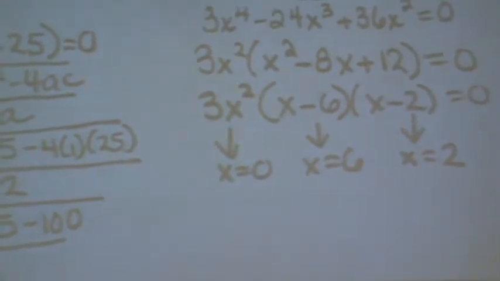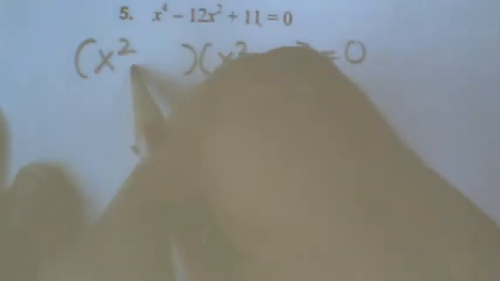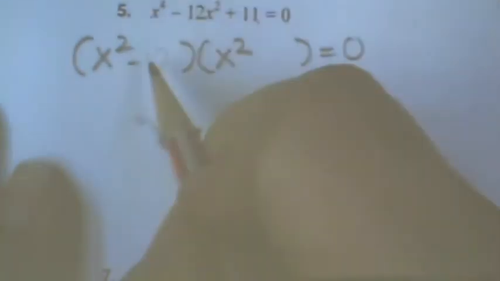Next one. This is a trinomial, and it has x to the 4th, and we can probably factor this one, it seems. For x to the 4th, x squared times x squared. What times what is positive 11 but adds to be negative 12, and that would be negative 11 and negative 1.